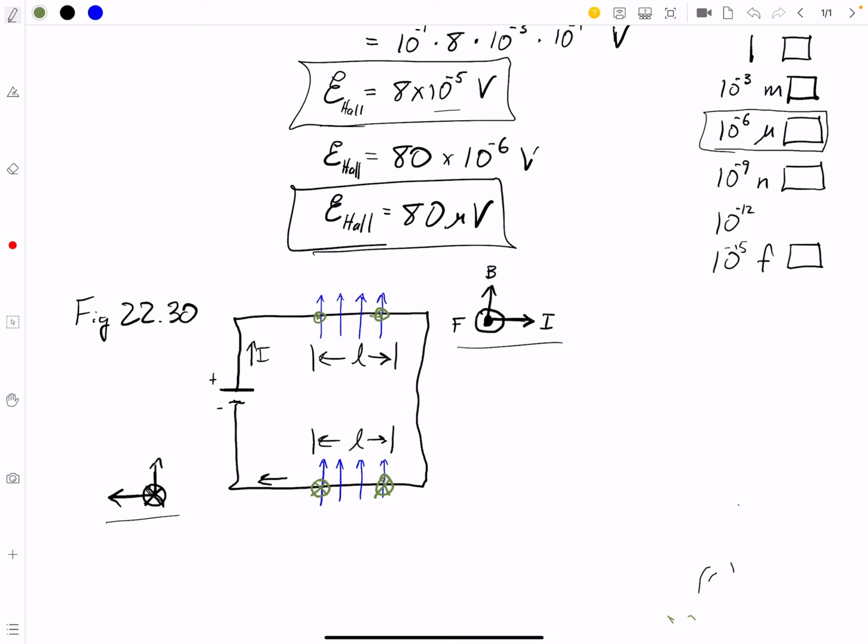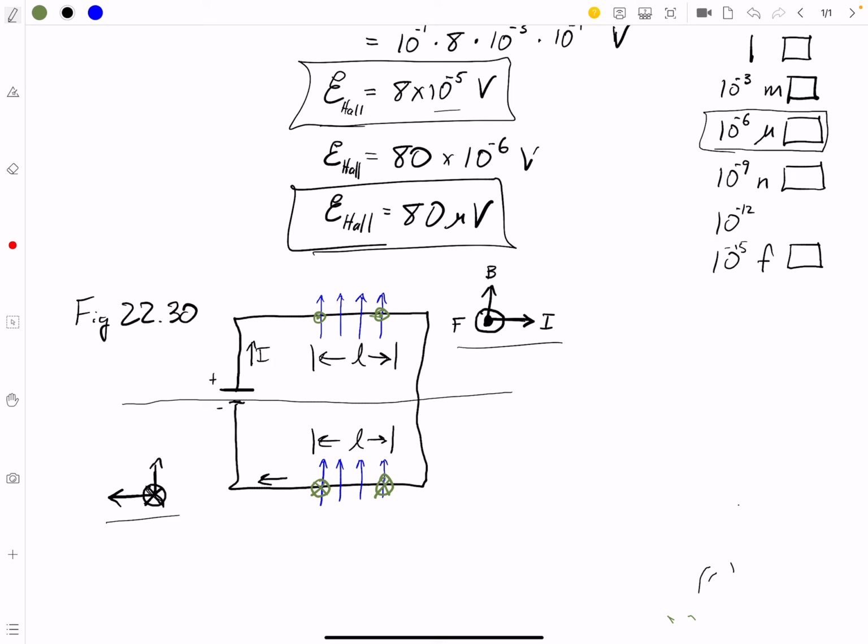What if we have this whole thing on an axis that can spin? So we've got out of the page at the bottom, into the page at the top.